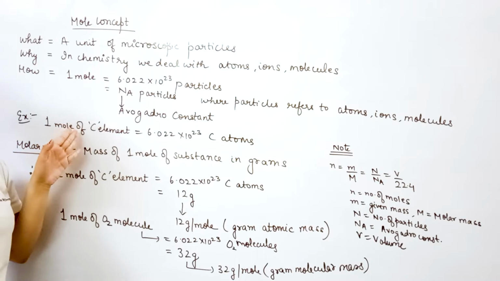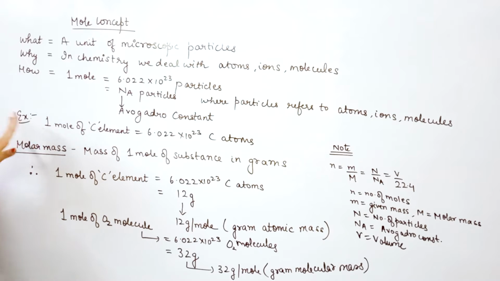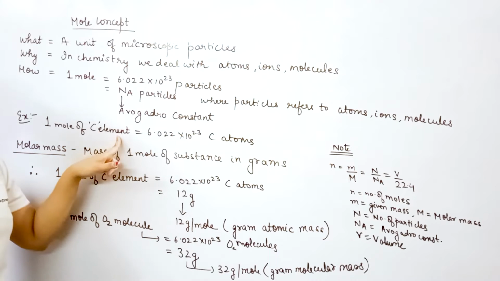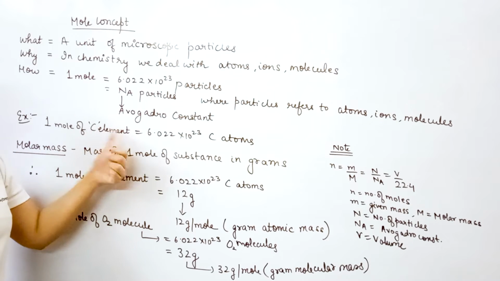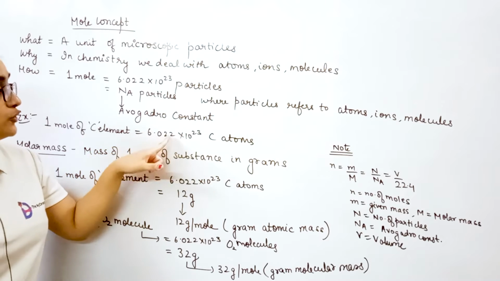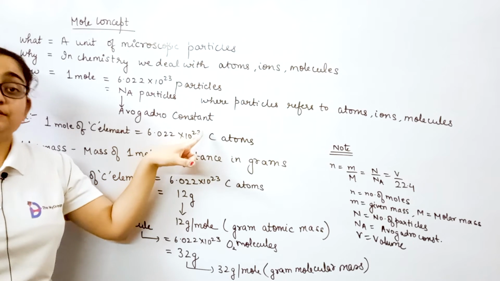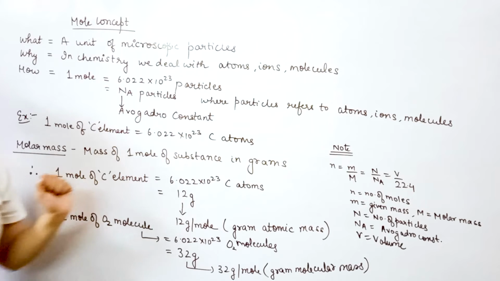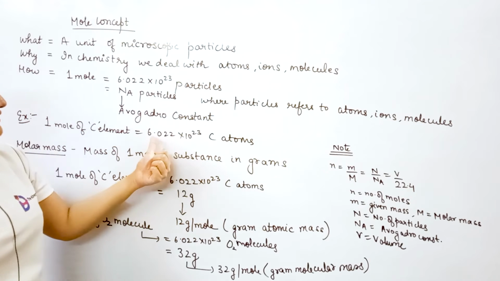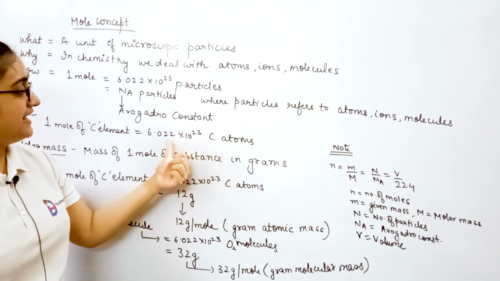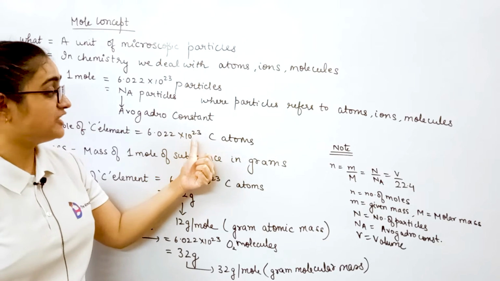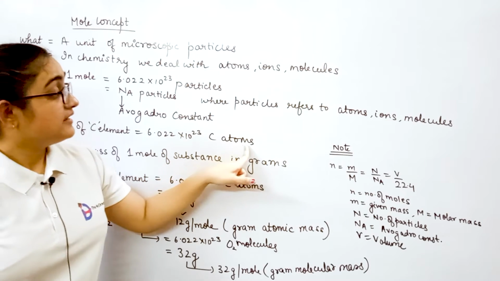Now let's look at an example, the example which I have given here: 1 mole of carbon element. 1 mole of carbon element means 6.022 into 10 to the power 23 carbon atoms. Here you can see that I have written this value, that is Na, 6.022 into 10 to the power 23 carbon atoms.